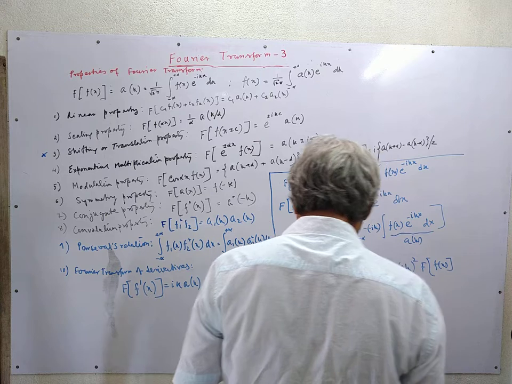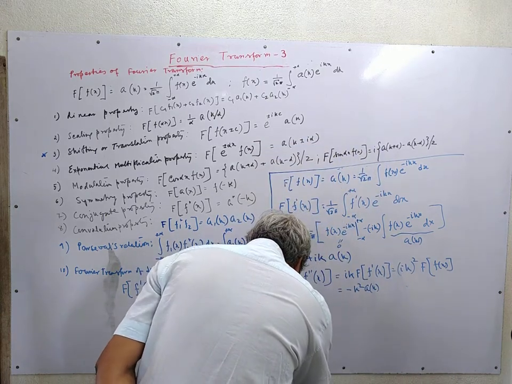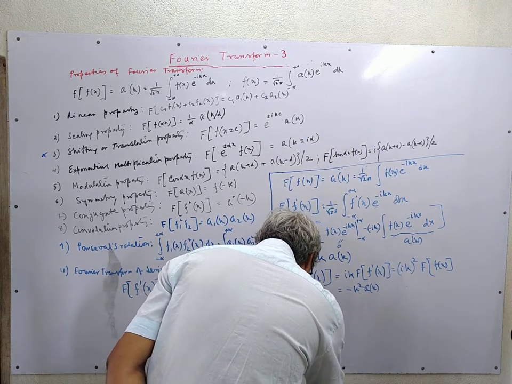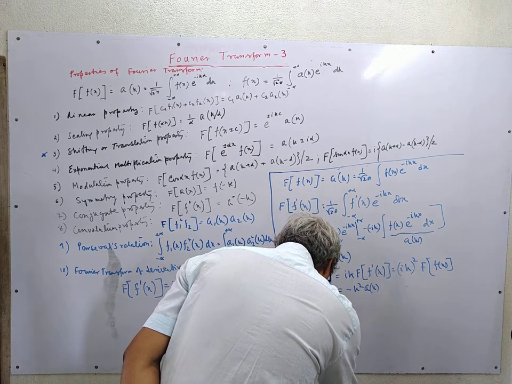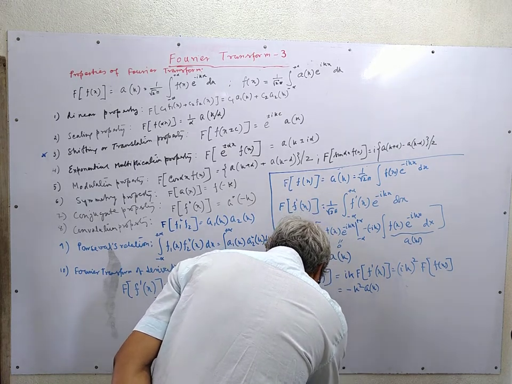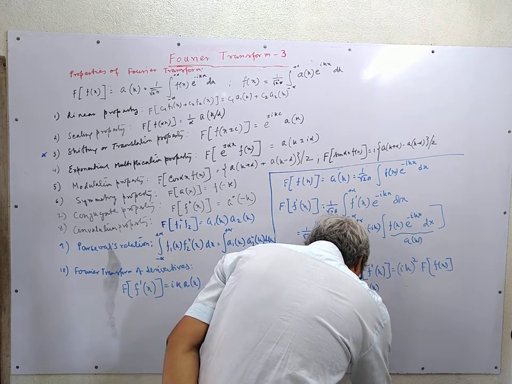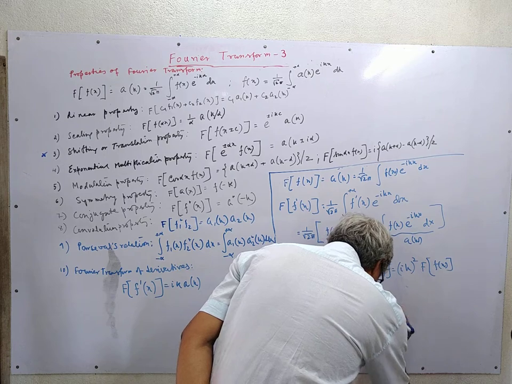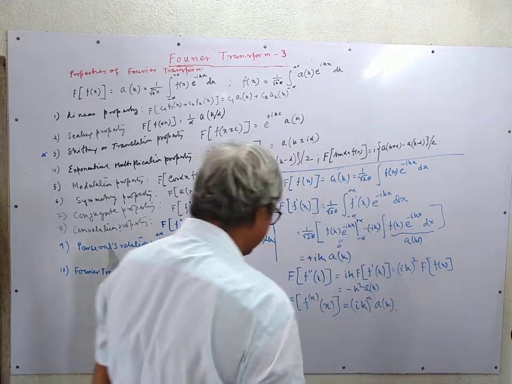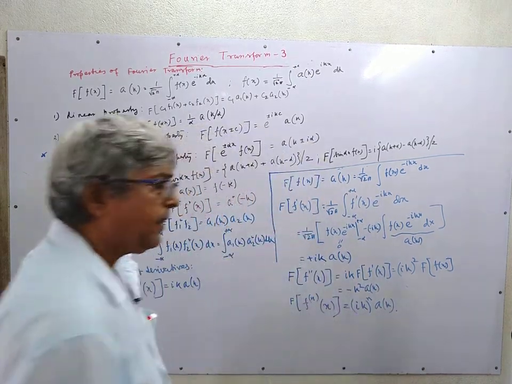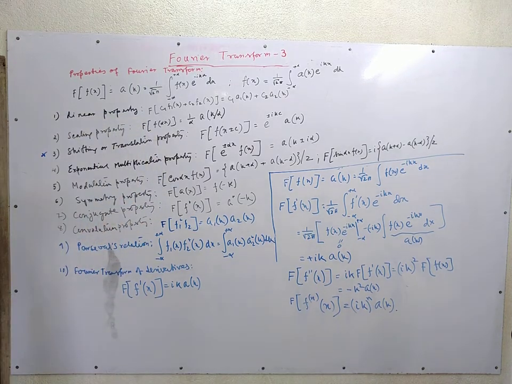In general, if we consider the nth derivative of a function, f^(n) of x, then it is (ik) to the power n times a of k. This property is very helpful in solving differential equations using the Fourier transform technique, which we shall come to after the completion of this topic.